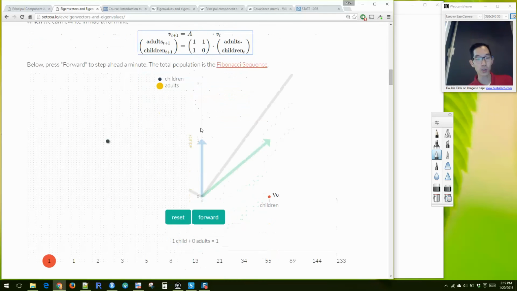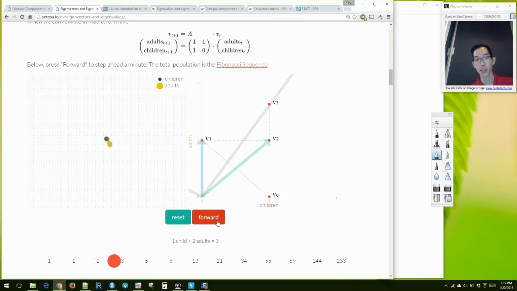And so if we start off with one child at time v0, this is our original vector v0: one child, 0 adults. In the next step, we now have 1 adult and 0 children. And in the next step, that one adult will give birth to a child, so we now have 1 adult and 1 child.